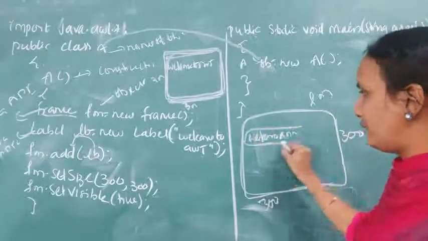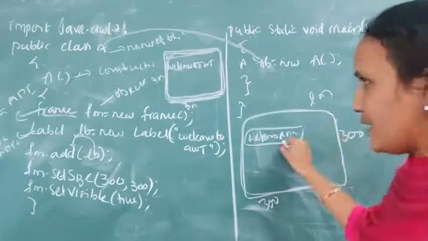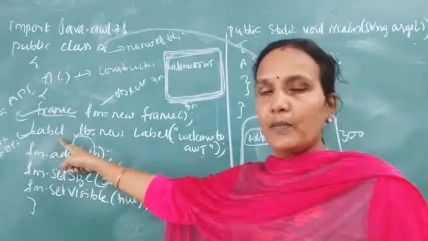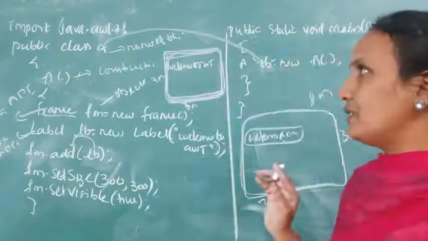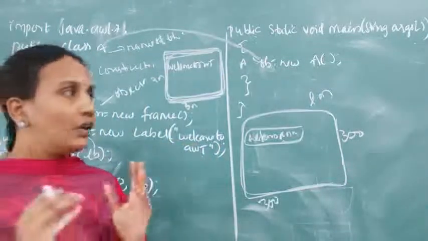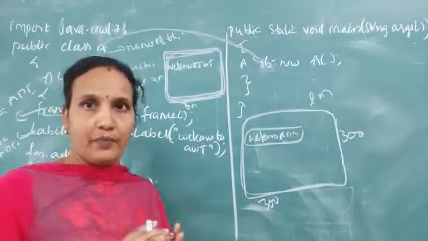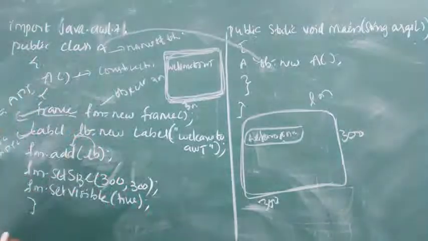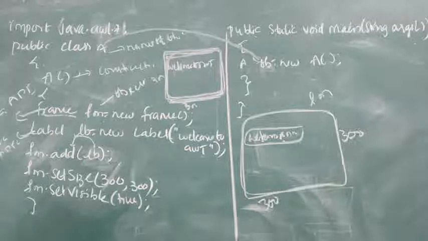This is a label, and this label is created by using the Label class. So this is just an example program of how to create a frame in AWT. Just take a screenshot of this. Next, I will explain how to add different components to the frame.